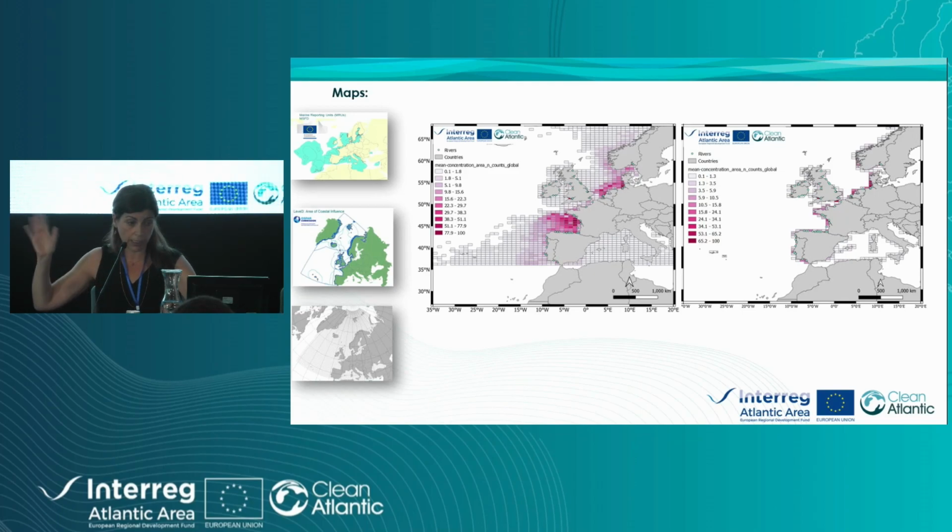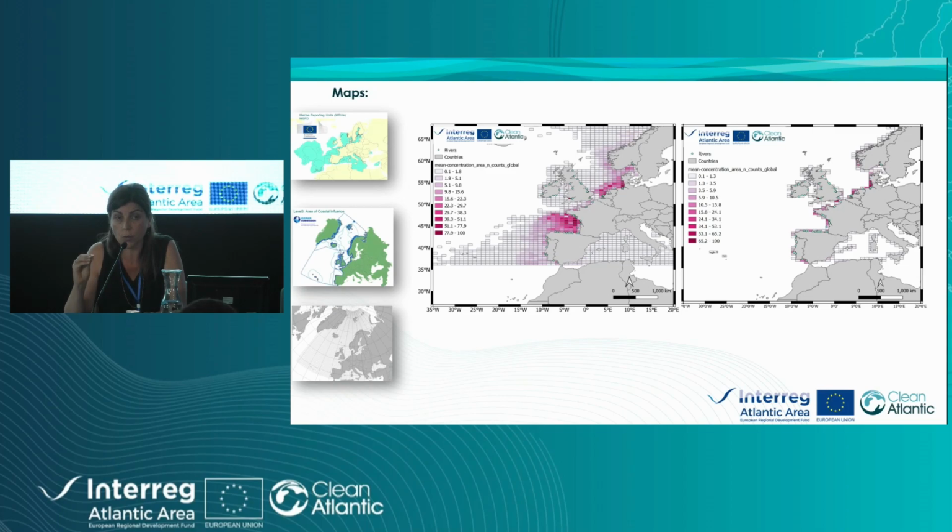ICES rectangles. And you can see here on the right side how the ICES rectangles, the darker ones, show where particles could accumulate. And on the left graph, we have the same simulation, but in this case, we are only considering the rectangles closer to the coast.